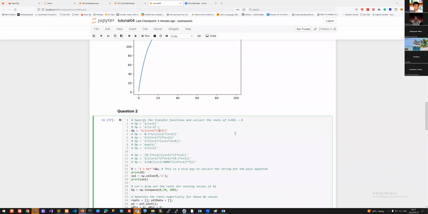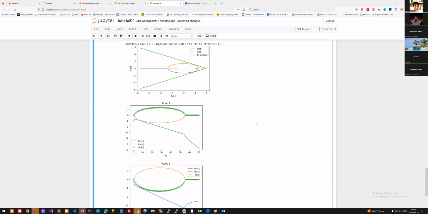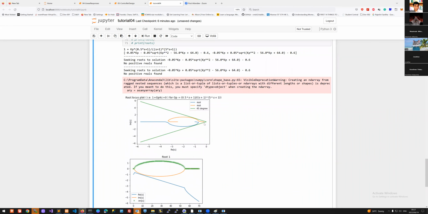And then we can also look at this case where we have the second order in the denominator, but you also have in the numerator a term that also looks like tau s plus something. So if we run this one, yeah, we've got all our roots looking to be negative.